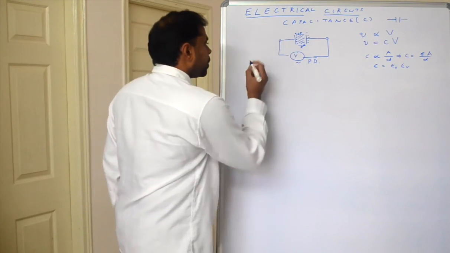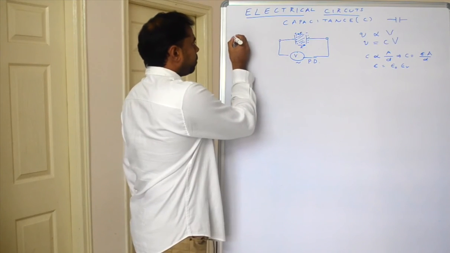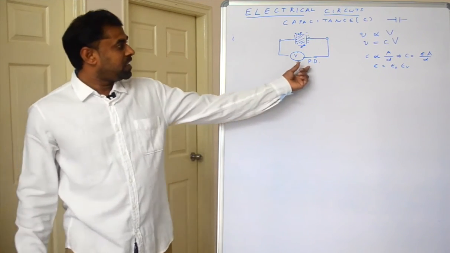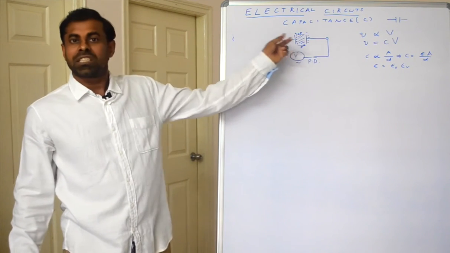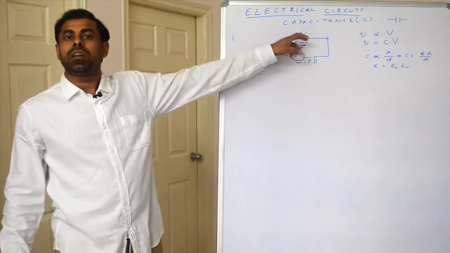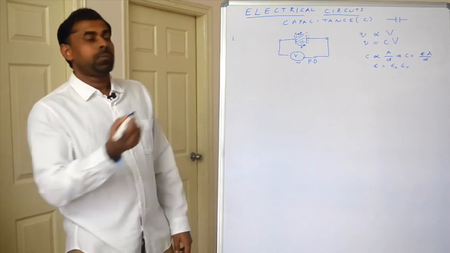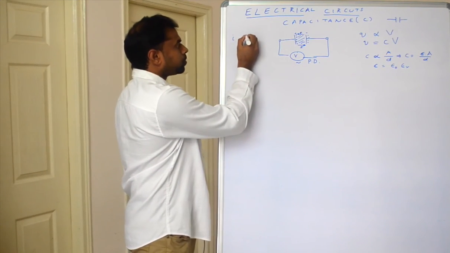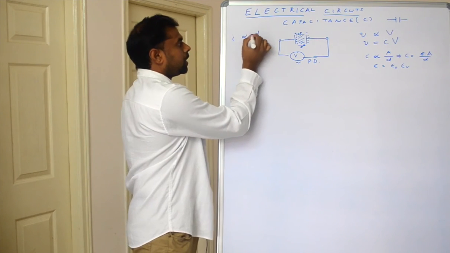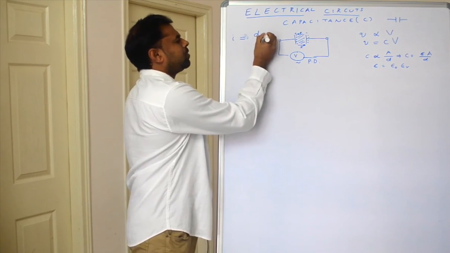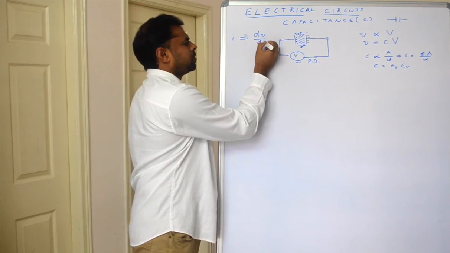So some current is flowing. Whenever a potential difference is applied, the electrons start moving and some current goes. The current is nothing but the rate of change of charge.